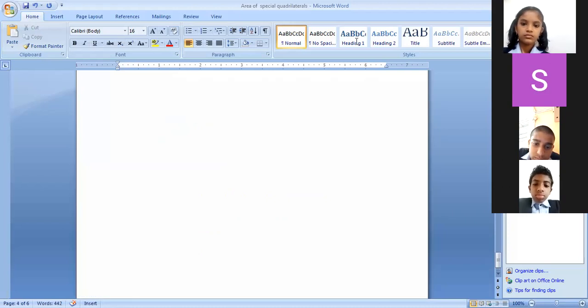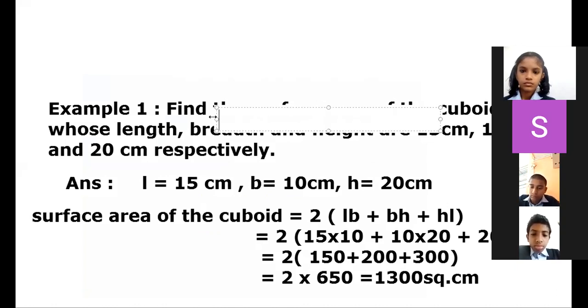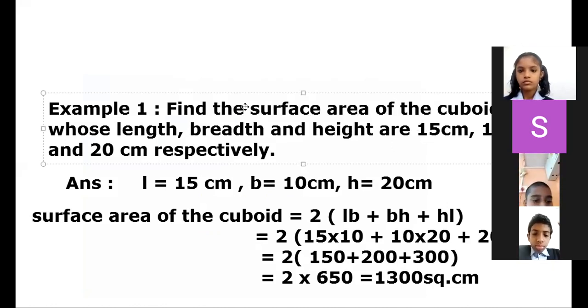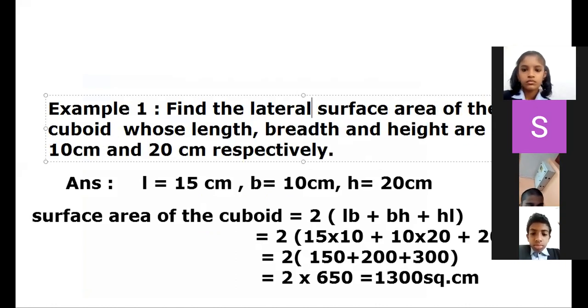Now you may please write down the question. Please leave one page to write the derivation. After that, you may write the question. Find the lateral surface area of the cuboid whose length, breadth and height are 15 centimeters.